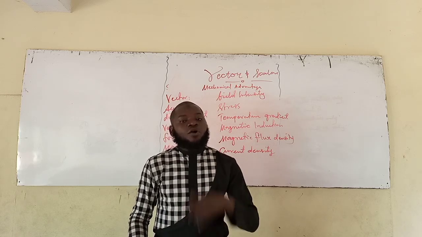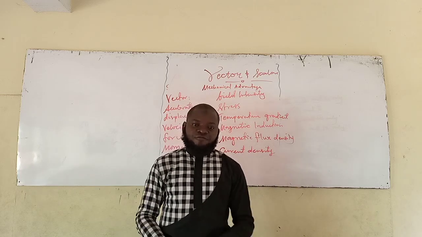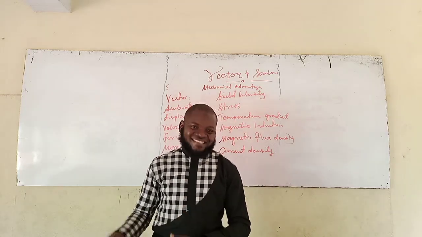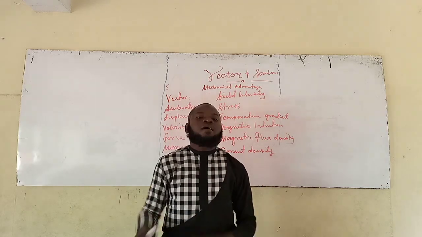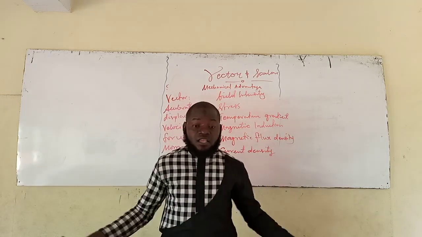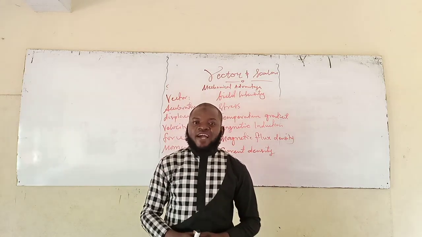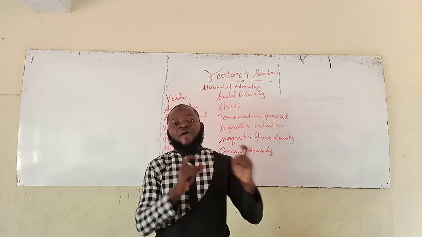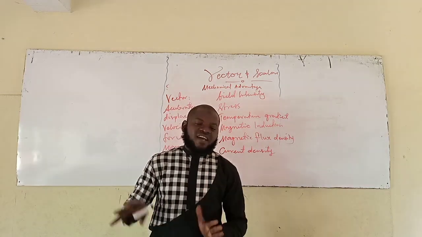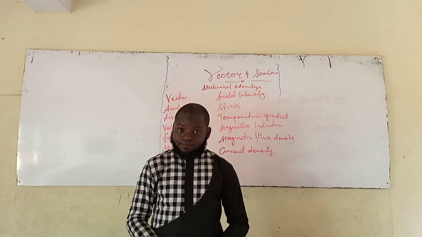Your class captain is a resultant to the class, because whenever they have any information for the class, they call on your class captain instead of the whole of the class, because they know passing the information to the class captain is like passing the information to the whole of the class. Am I making sense? That is what we refer to as a resultant: a single vector that will have the same effect as two or more vectors acting at a point.